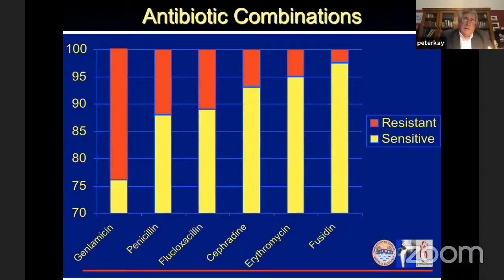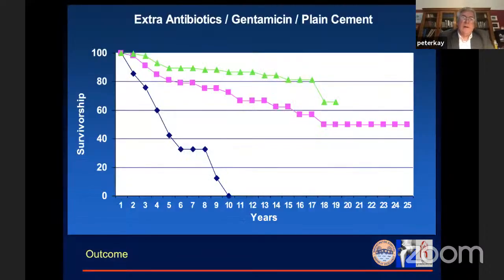And then we went through adding extra antibiotics to the bone cement that already contained gentamicin. In doing that, we were able to increase the spectrum of bacteria that were sensitive to the mixture of antibiotics that we were using.